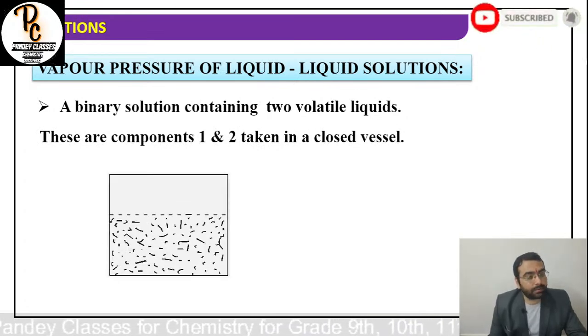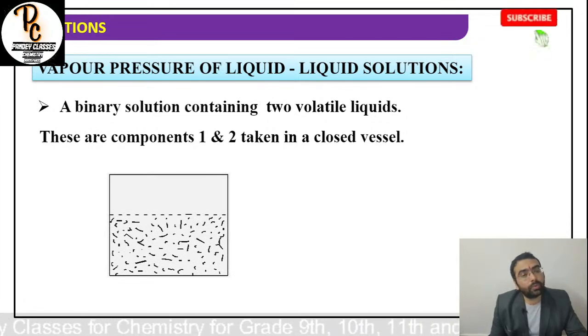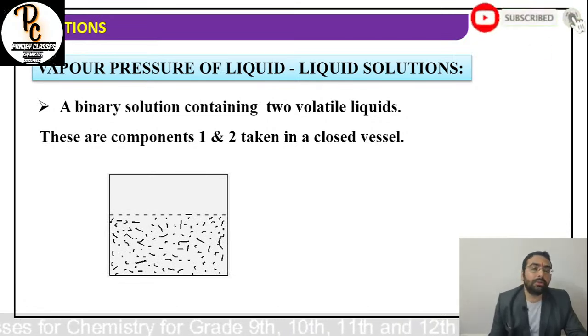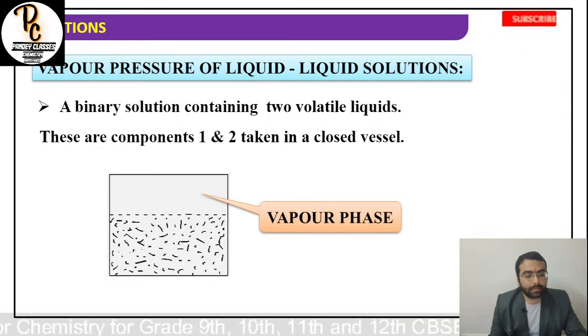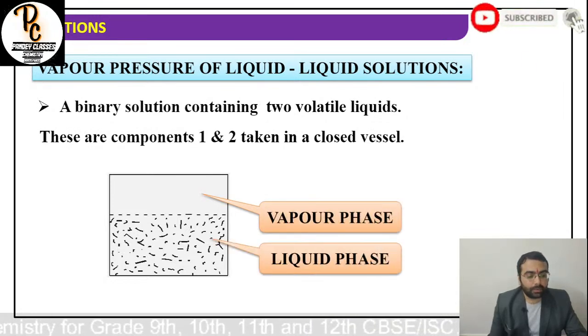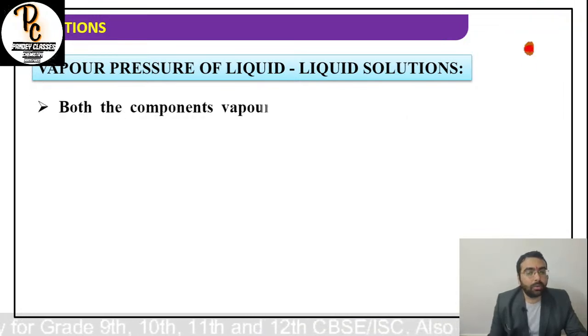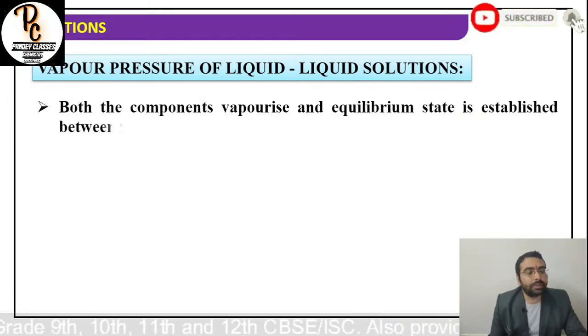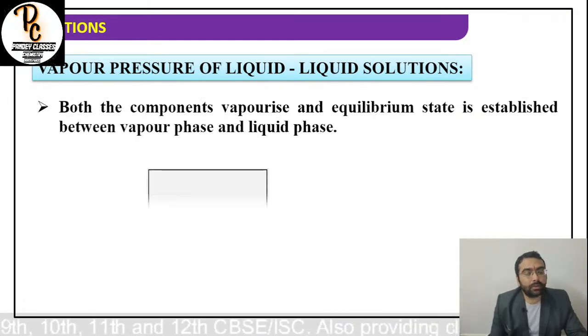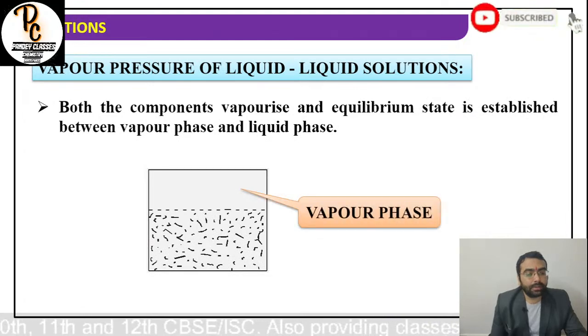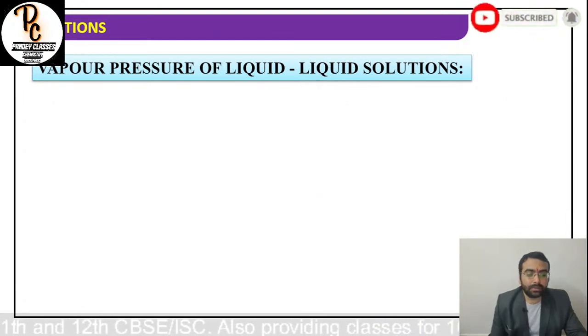Both are changing into vapor, so both will exert pressure on the walls of the container. Both components vaporize and an equilibrium state is established between the vapor phase and the liquid phase. Here this is the vapor phase, this is the liquid phase.